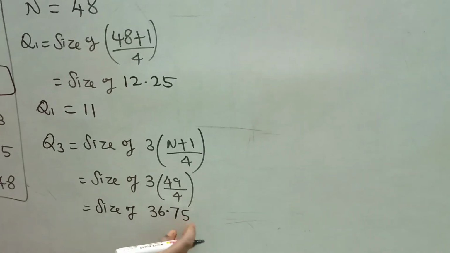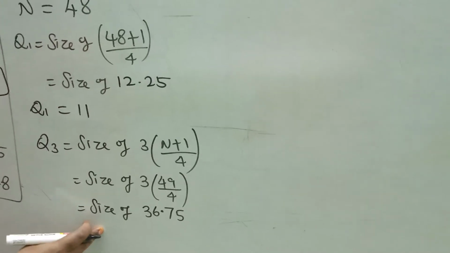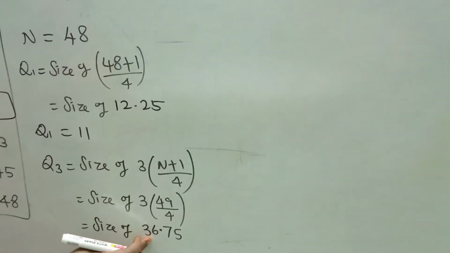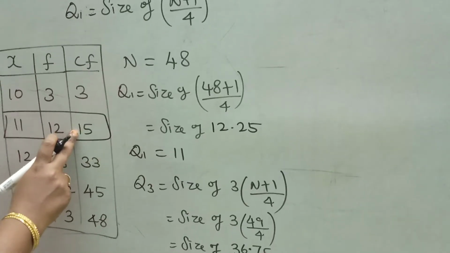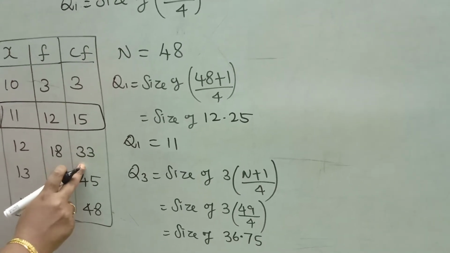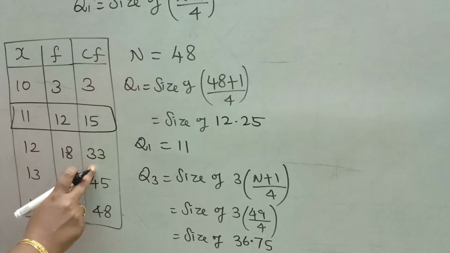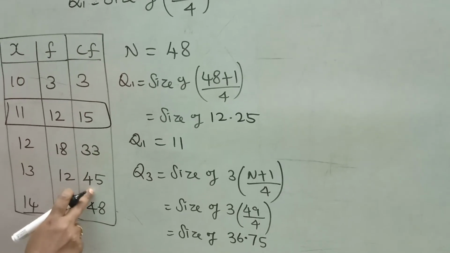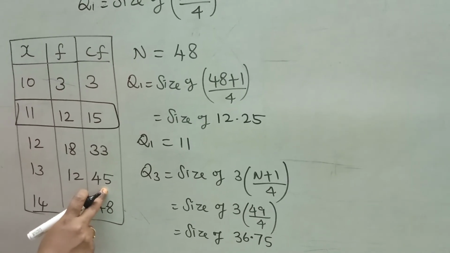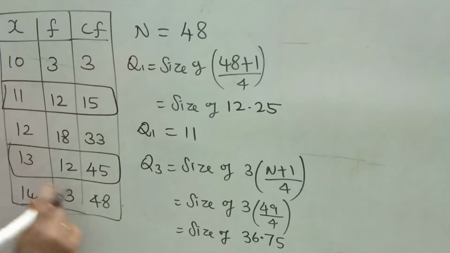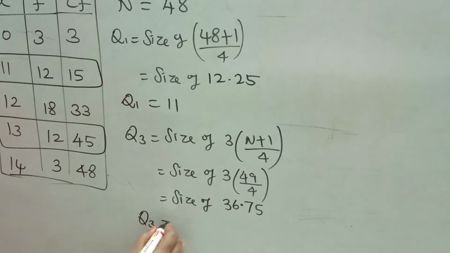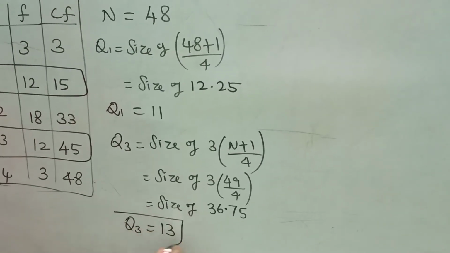Look at the cumulative frequency column. Which number is greater than 36.75? 3 is less than 36.75. 15 is less than 36.75. 33 is also less than 36.75. 45 is greater than 36.75. Therefore, Q3 value is 13.